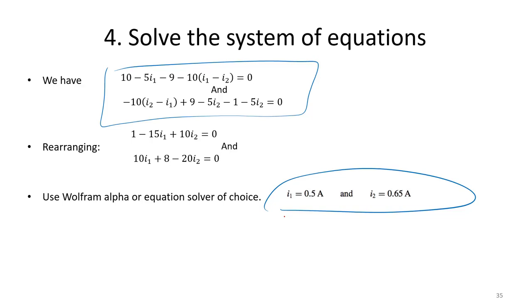The important thing here is to keep that consistent sign convention, draw pictures if you need, and make sure you apply Kirchhoff's laws and Ohm's law correctly. I'd highly recommend you try going back through these examples on your own and verify that you understand mesh analysis. It's a very important tool that we're going to use all semester long.